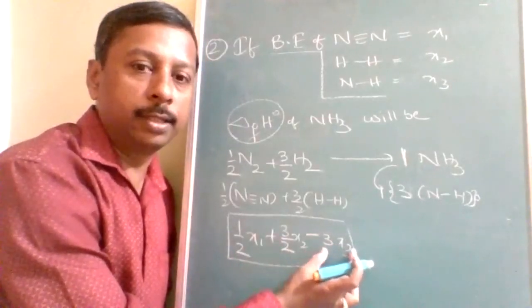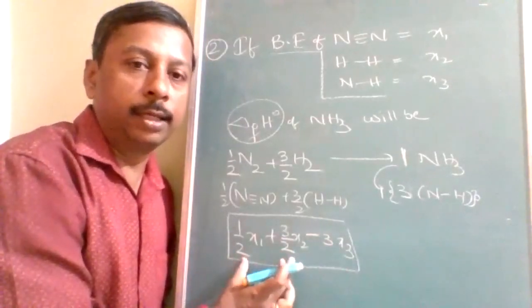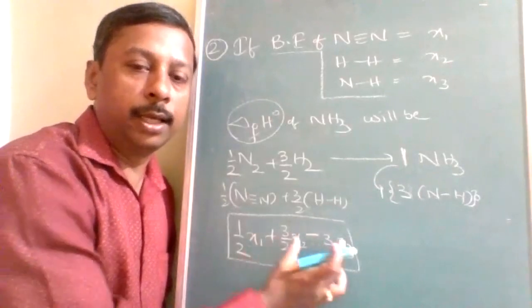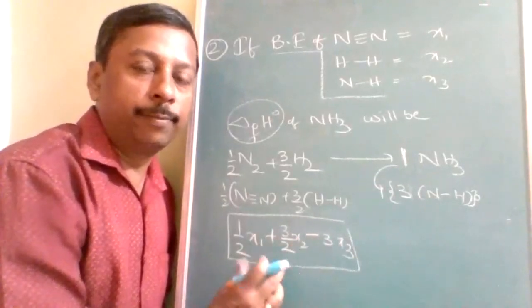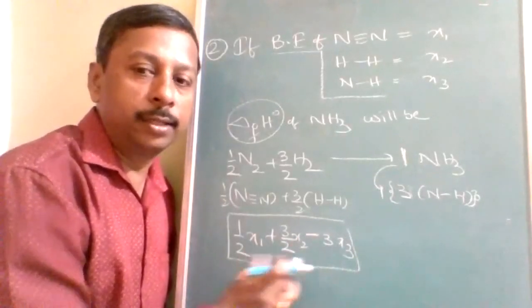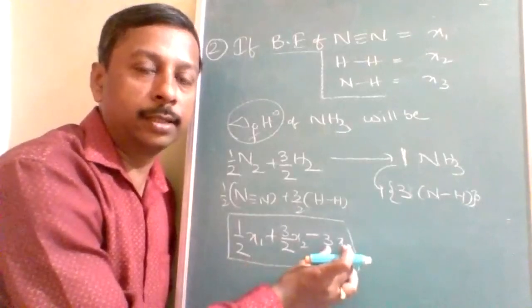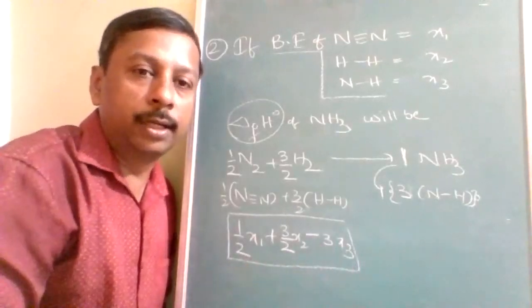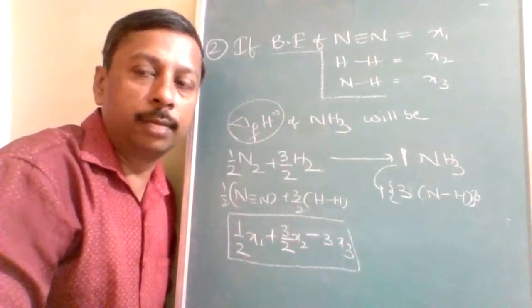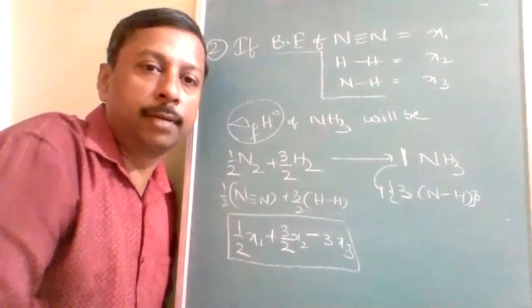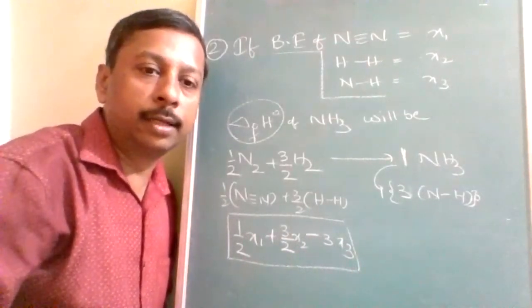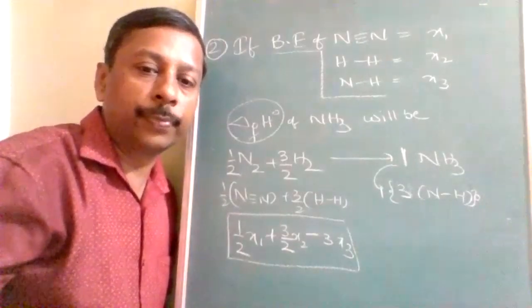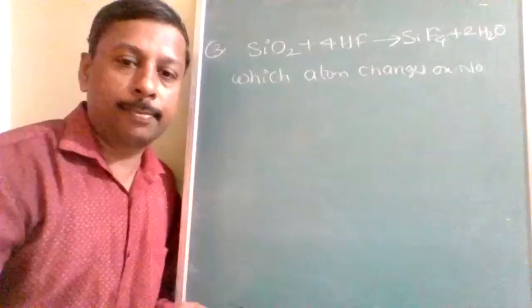If formation energy is more than the breaking energy, then it is exothermic. If breaking requires more energy and formation releases less energy, it is endothermic. Whether a reaction is exothermic or endothermic can be found by relative comparison of energy required or released. Is this understood?